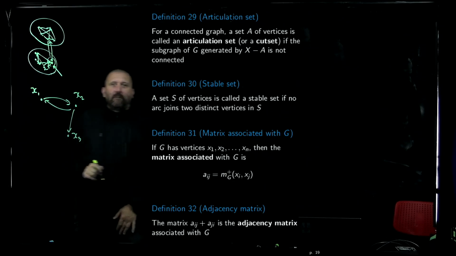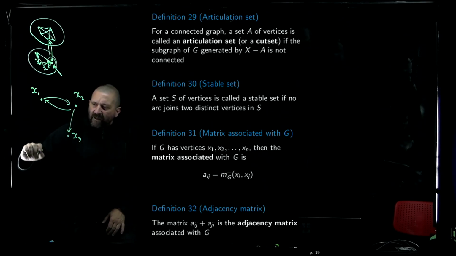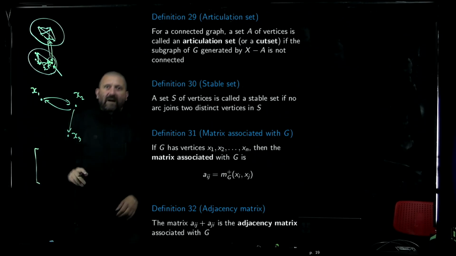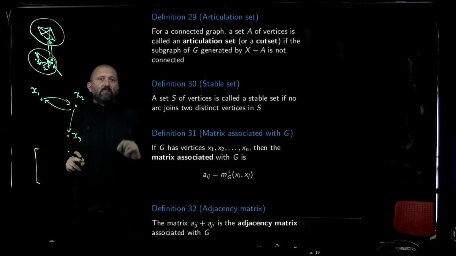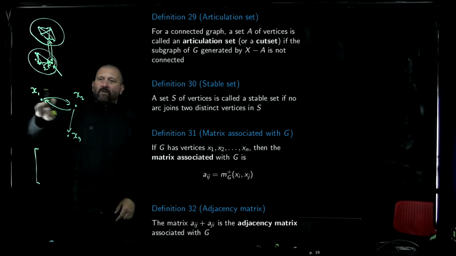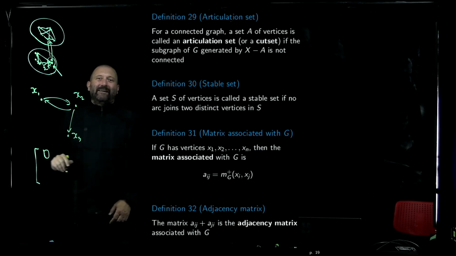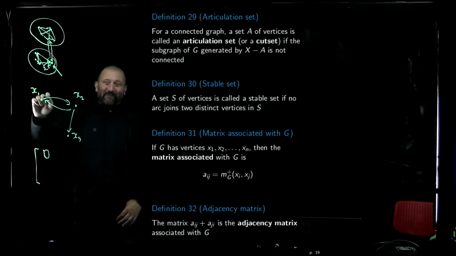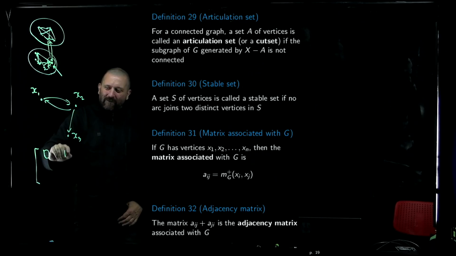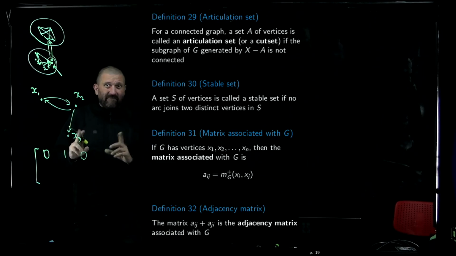then the matrix associated to this is, so I have Aij equal to the number of arcs from i to j. From 1 to 1 first. From 1 to 2, I have one arc. From 1 to 3, I have 0. I'm not talking about chains or paths.